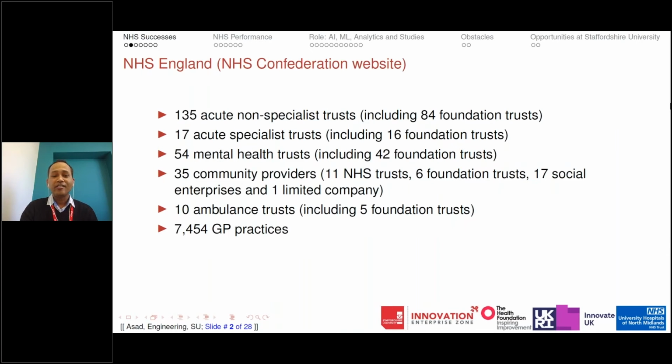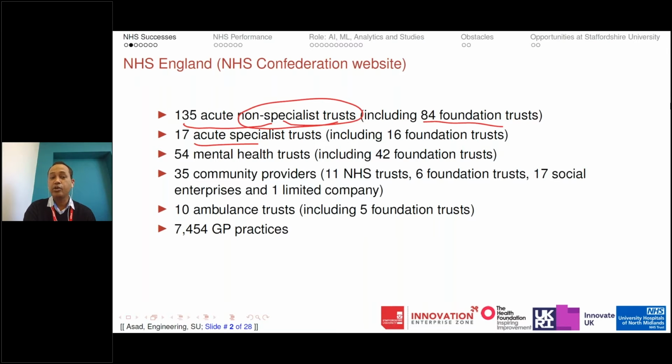Now, if we look at the organization of NHS England, you will see some numbers with some terms like non-specialized trust, which are now referred to as clinical commissioning group, including 84 foundation trust.